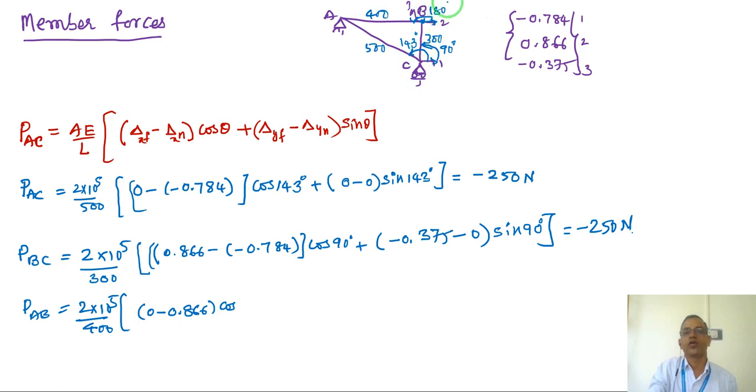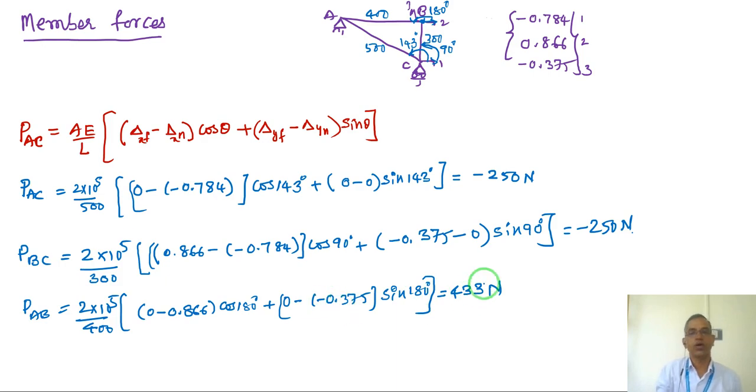So cos 180 plus y direction displacement, far end 0 minus y direction displacement in the near end B, this is 3 coordinate, so minus 0.375, this is total into sine 180. Sin 180 is 0, cos 180 is minus 1, so minus minus plus, so I will get this as positive value, 433.